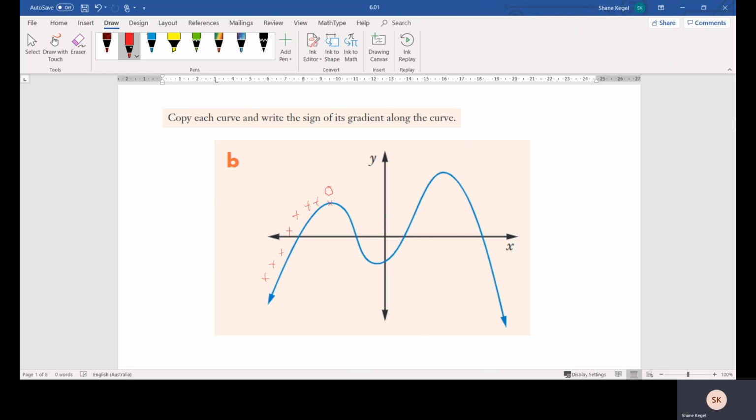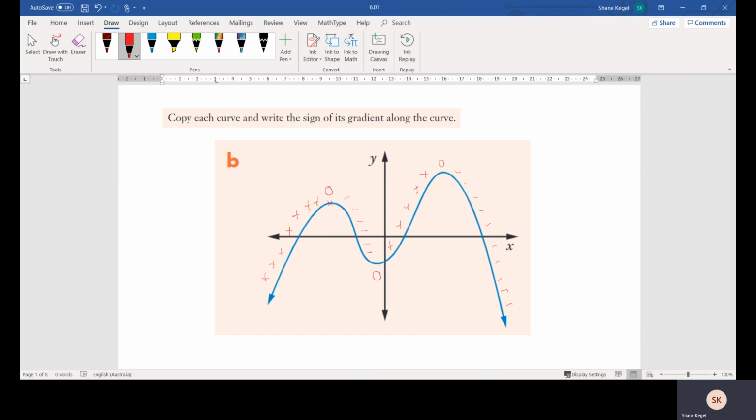The gradient then changes and is now negative, as we move right in the x direction, we're decreasing in the y direction. Then we get down to another turning point, at which time our gradient changes. It is now positive, last turning point, and then it is negative all the way down to the end of our graph. That's how we'll go about completing that question.